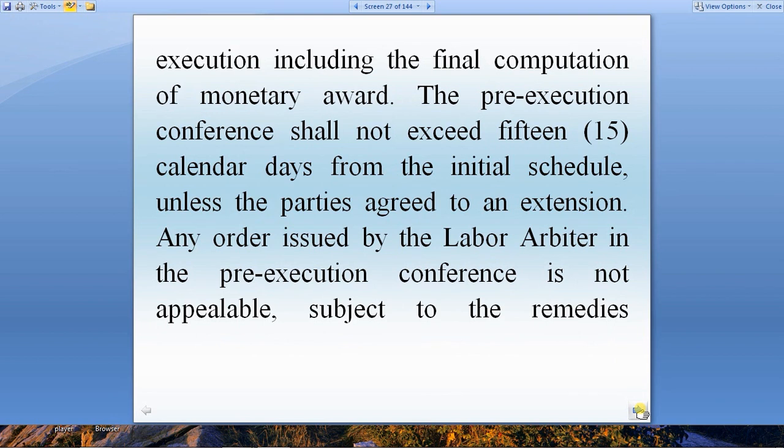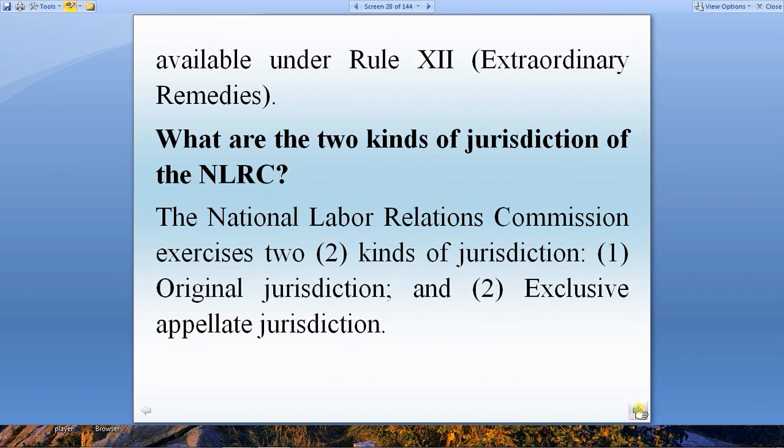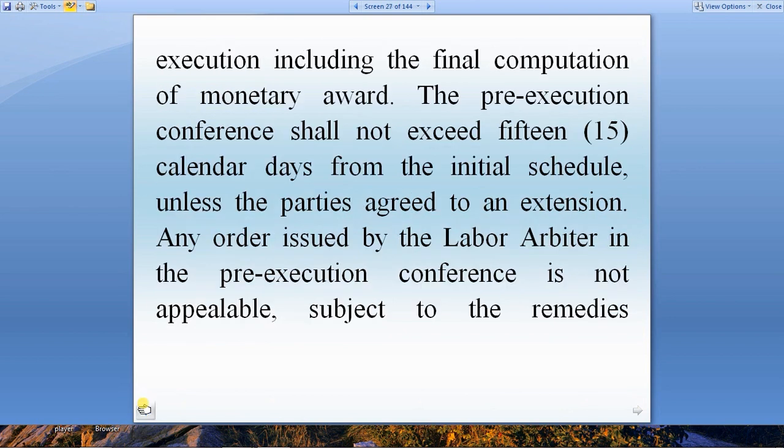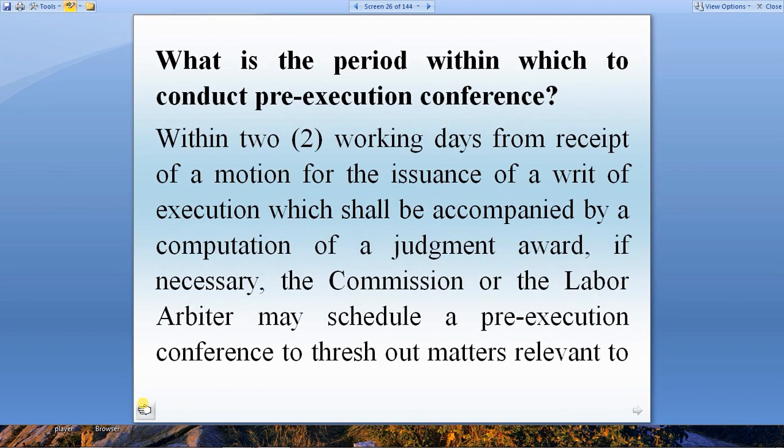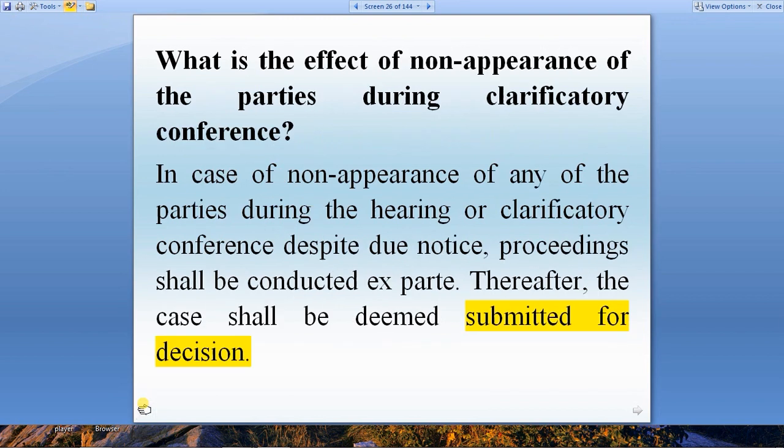Any order issued by the labor arbiter in the pre-execution conference is not appealable, subject to the remedies available under Rule XII or extraordinary remedies. So, pag sinabi ni labor arbiter, commission or the labor arbiter sa pre-execution, may 2 working days para makompute kung ano yung award na ibibigay.